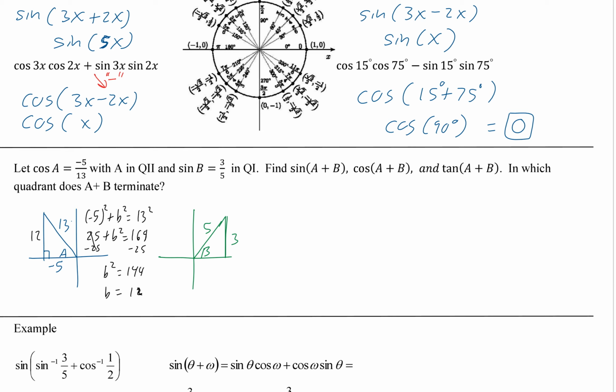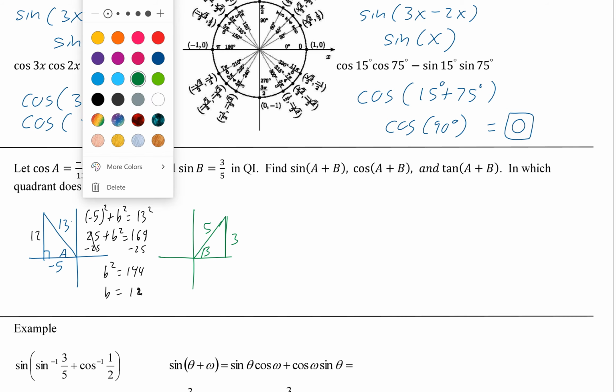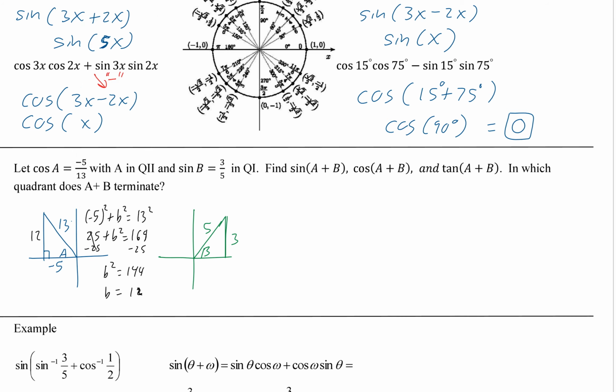All right, now on to our other triangle. So we'll call it a squared plus 3 squared equals 5 squared. 25 minus 9 is 16. So a equals 4.